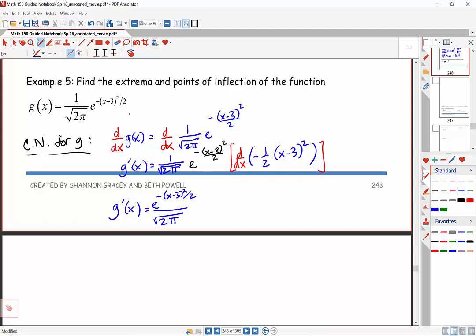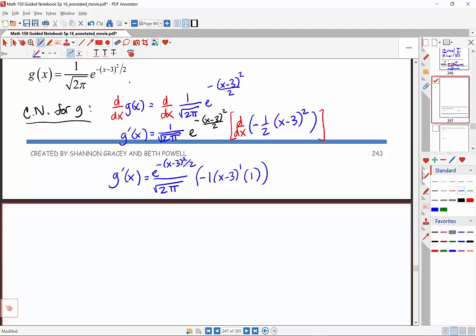And then the derivative of this guy is going to be what? Negative 1, right, times x minus 3 to the 1 times 1, using the chain rule.